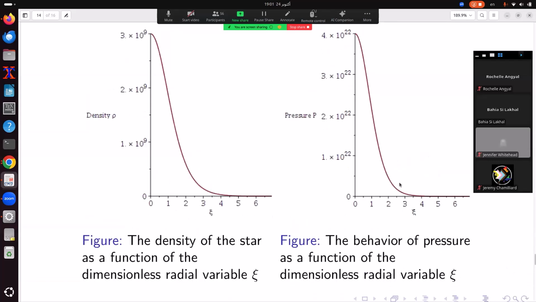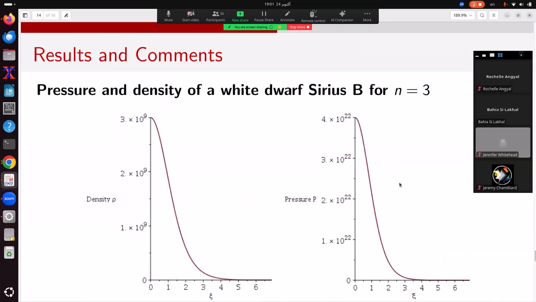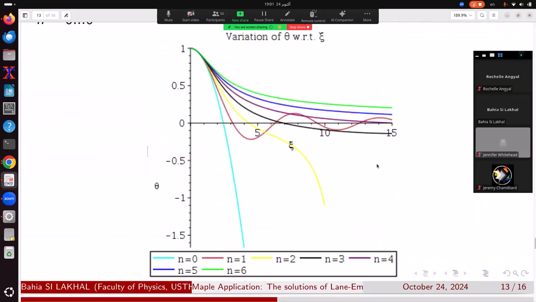We can find, for example, the radius of the white dwarf from the plot here, which corresponds to the black plot. We see, using, for example, the cursor given in plot, we can find the radius of the star.